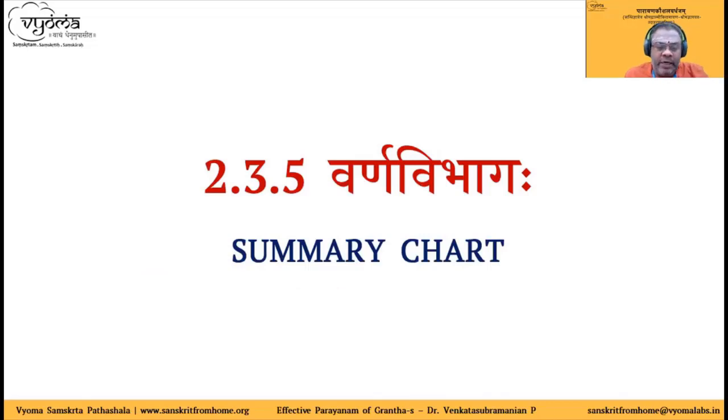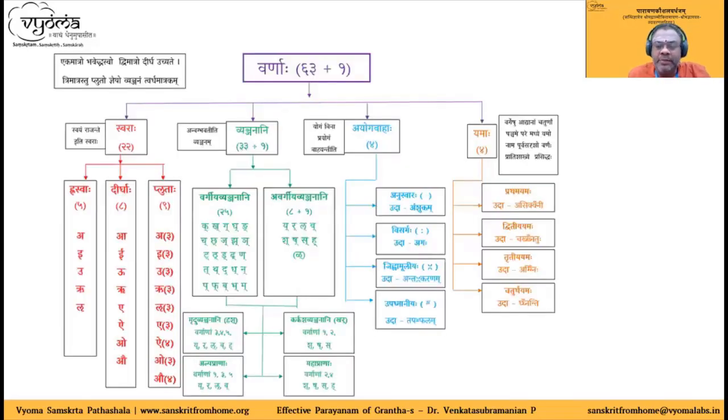Now coming to the Varna Vibhaga, the summary of today's class. We have 64 letters: 22 swaras, 34 vyanjanas, 4 ayogavahas, 4 yamas. This chart is a very helpful chart. I request all of you to practice this chart before you come to tomorrow's class.